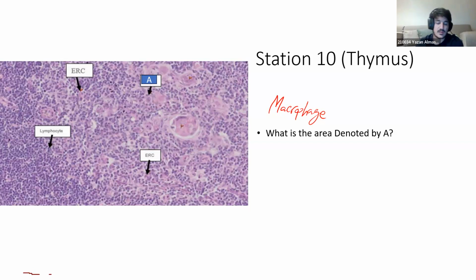It doesn't matter if it's in the objectives or not. They can ask it anyways, but they probably won't. 90% chance they won't, but they can ask it if they explained it. But it's probably not. I'm telling you, don't worry about it.